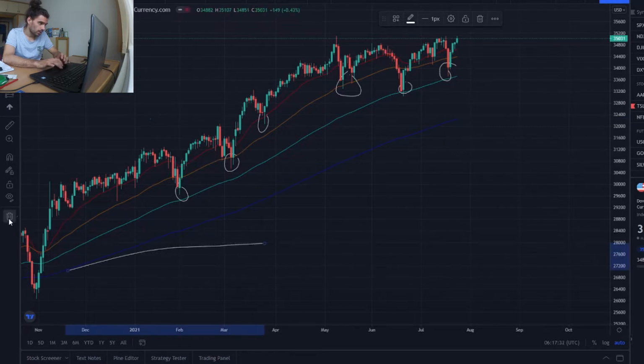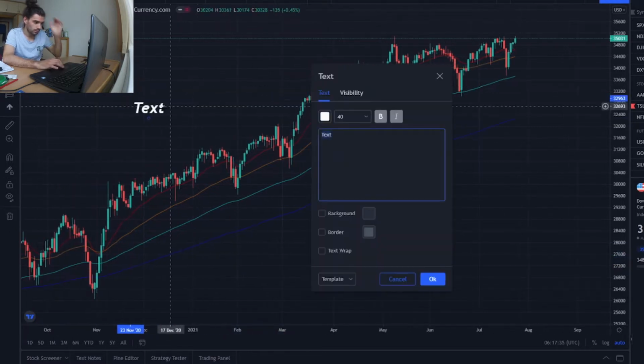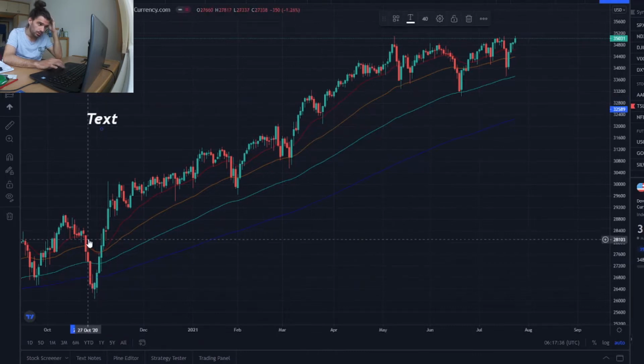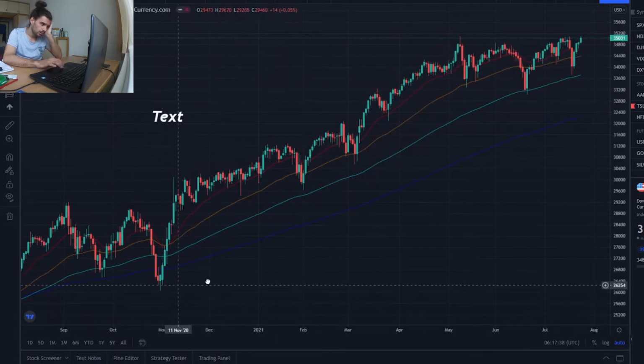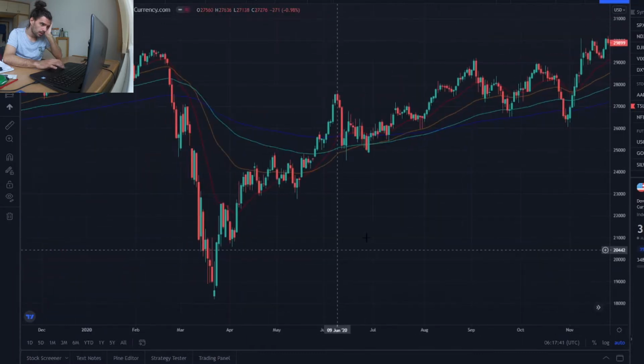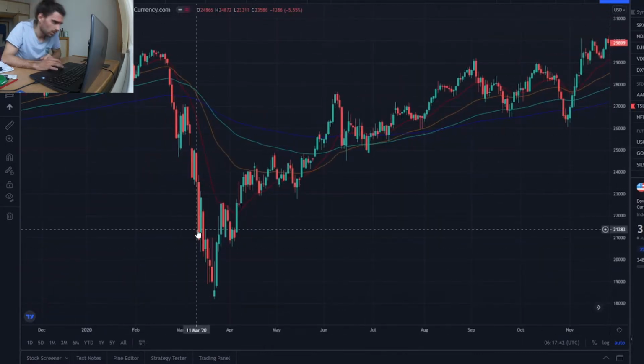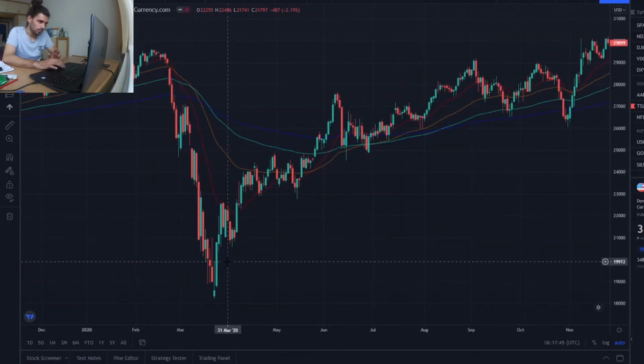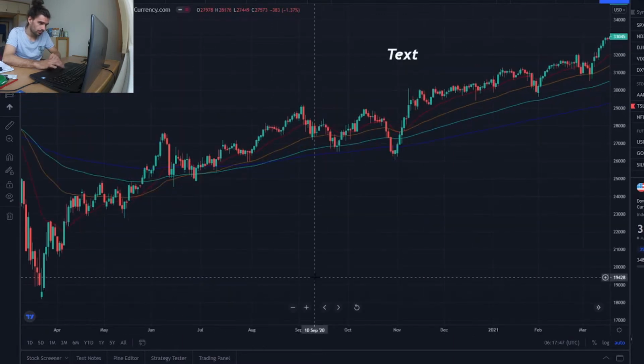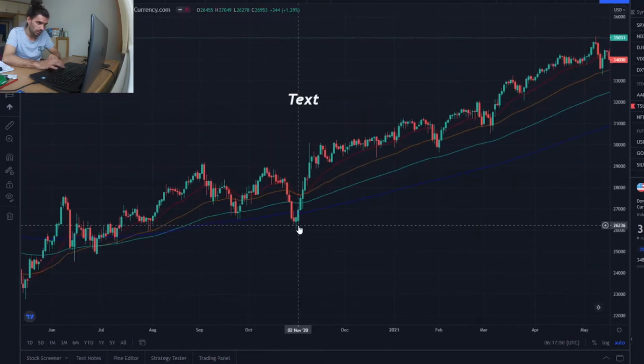For example, in 2000 it came down all the way to the 200 EMA. Last year in March we dropped completely, which was due to COVID, but every once in a while we retest the 200-day EMA.